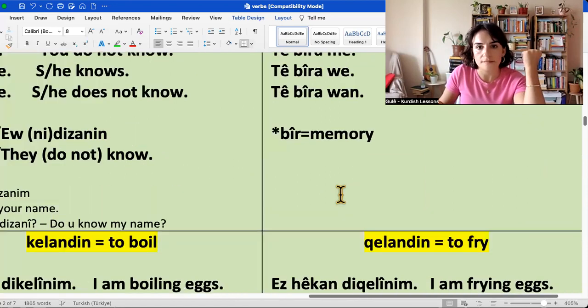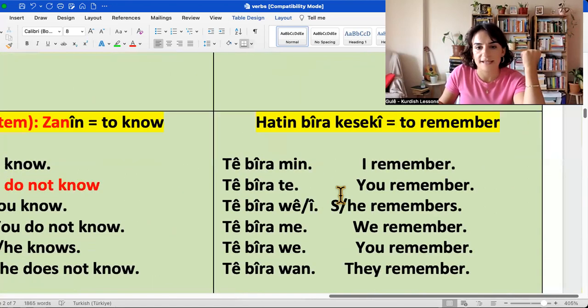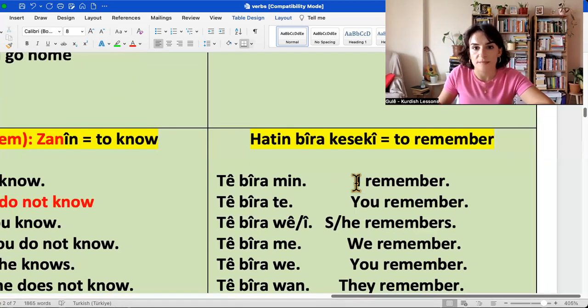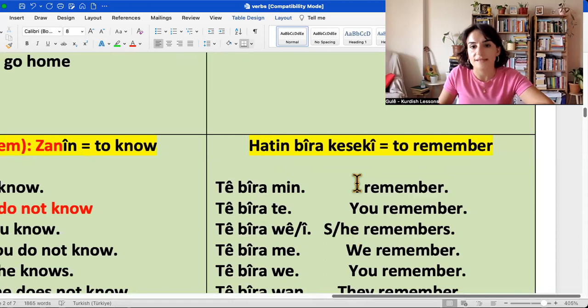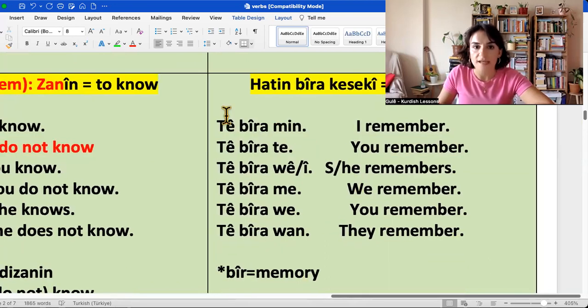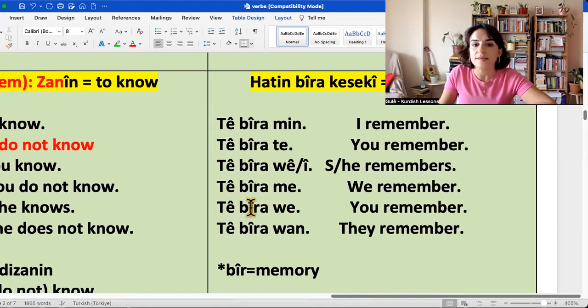Okay. And here another verb is to remember. Hatten bira. Okay, so in present, te biraman, I remember. Te birate, you remember. Te birawe, te birawi, he or she remembers. Te birame, we remember. Te birawe, you guys remember.